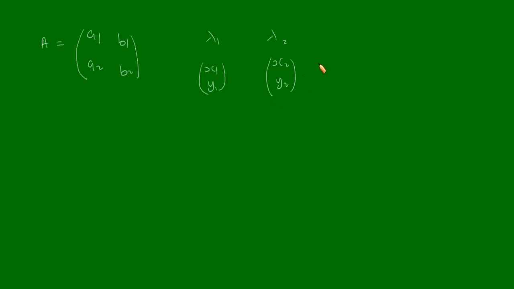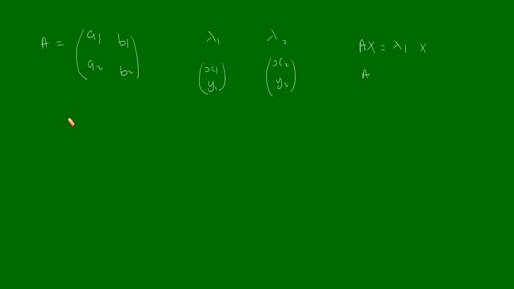So our eigenvalue equation will be A operating on x gives us lambda 1 times x. Also A operating on the second vector gives you lambda 2 times that vector.